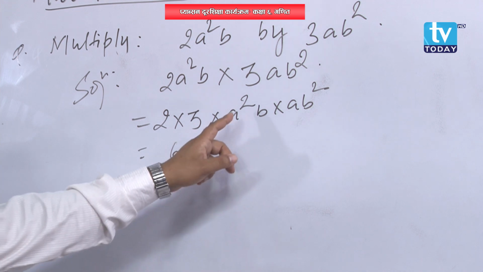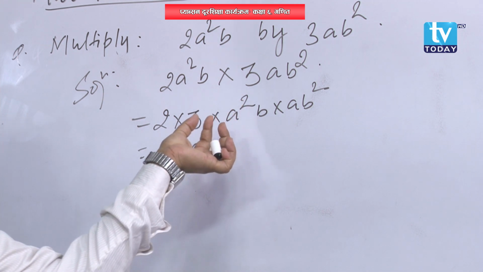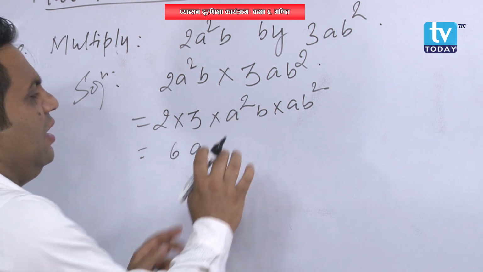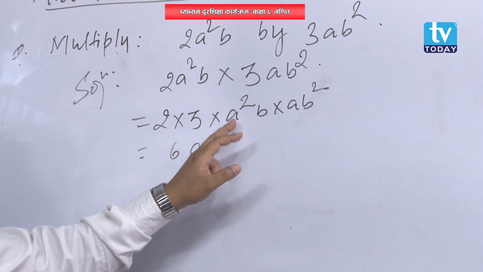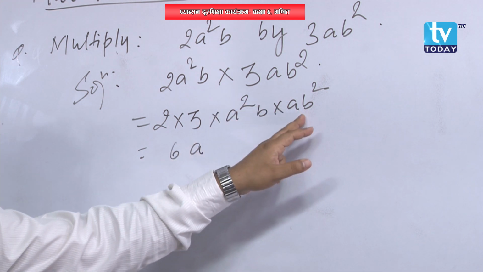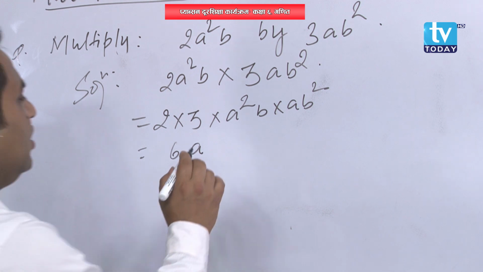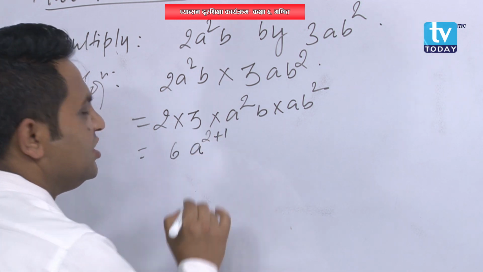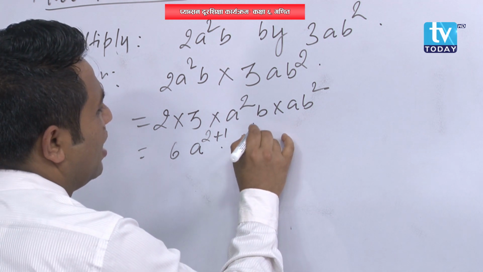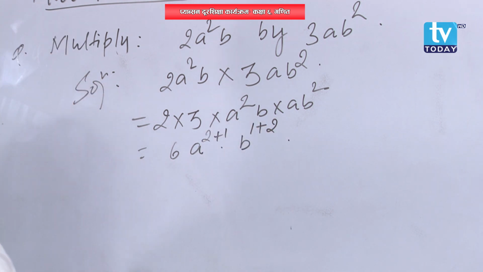In this case, please check the power of the variable or base. We have base a here, and here also base a. The power of a is 2 here, and the power of a is 1 there. So you can write 2 plus 1. This is the easiest process. For b, 1 plus 2.